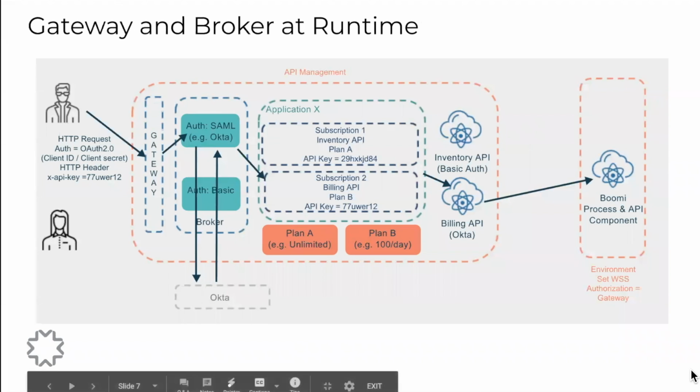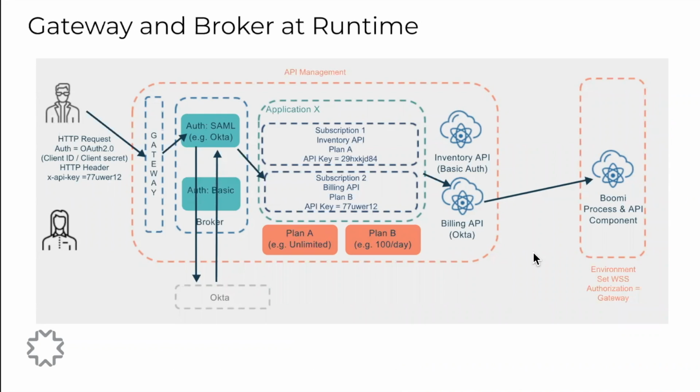Okay, so going back to this picture again, this hopefully adds a little bit more context to how this works at runtime. So in this example, we have an API consumer that is invoking an API through the gateway. The gateway needs to authenticate the request first, so it offloads that work to the authentication broker.